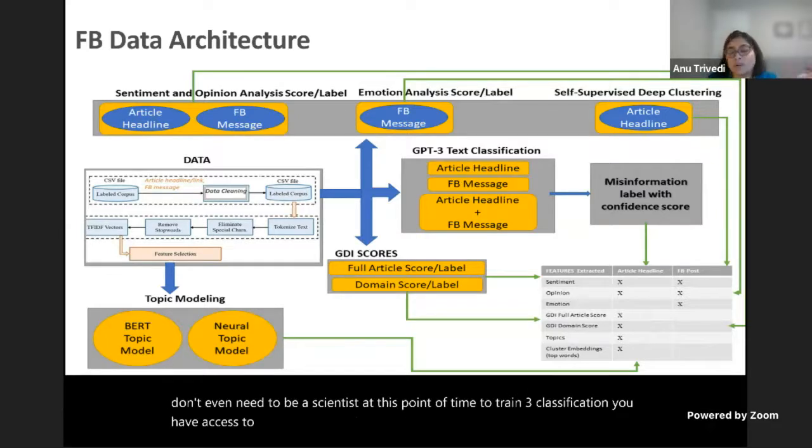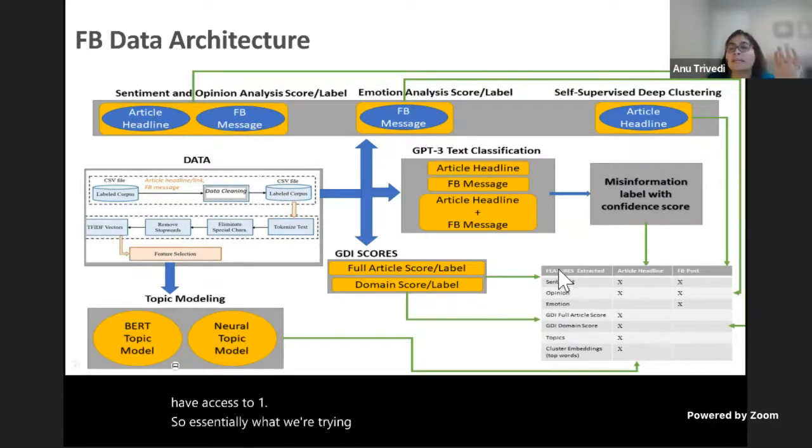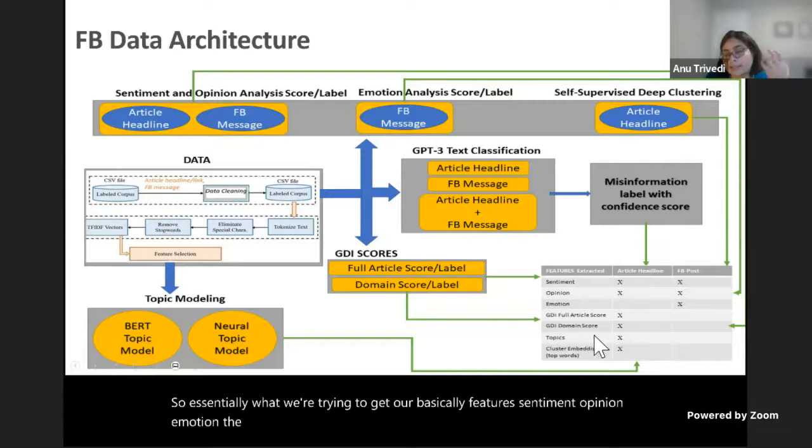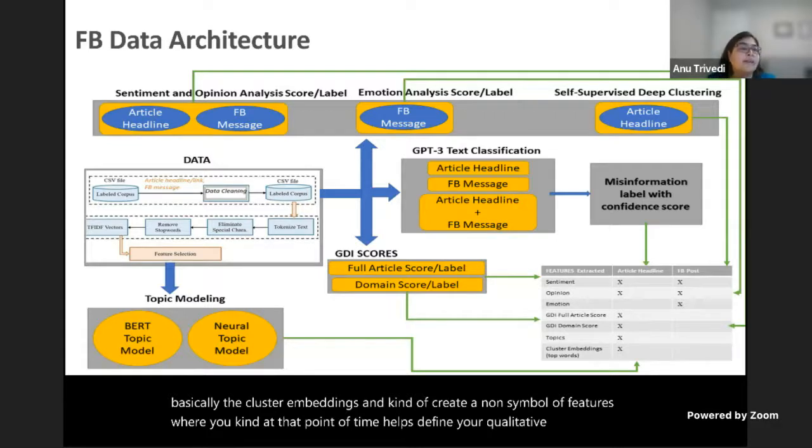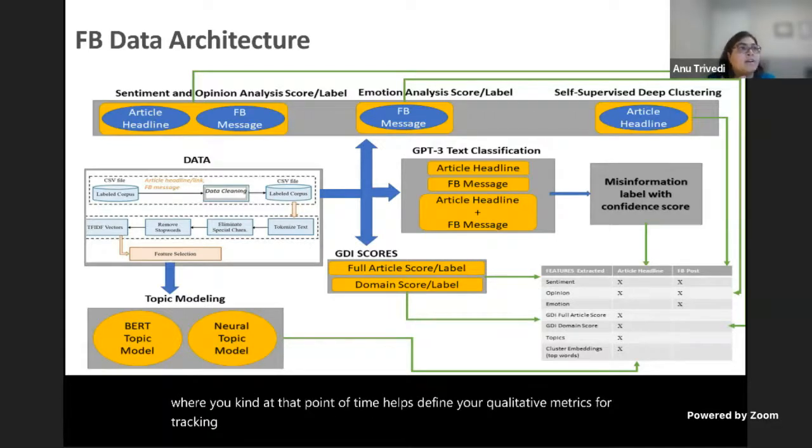So essentially what we are trying to get are features: sentiment, opinion, emotion, the article scores, the text classification article scores, the topics, and the cluster embeddings, and create an ensemble of features that helps define your qualitative metrics for tracking misinformation, because this is a very unsolved problem.